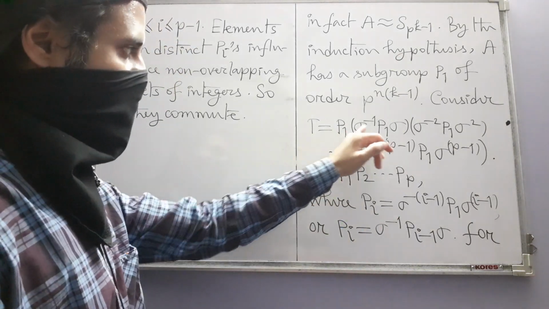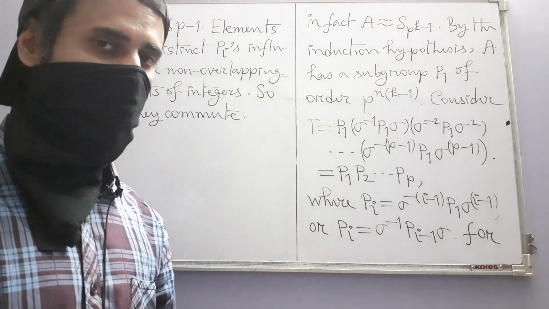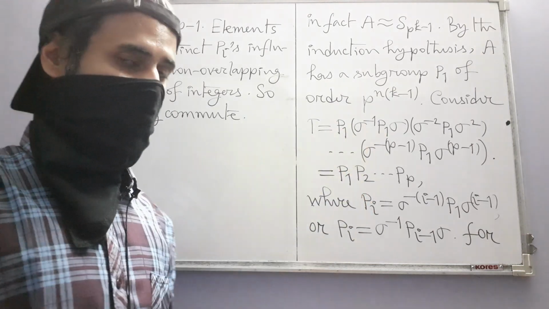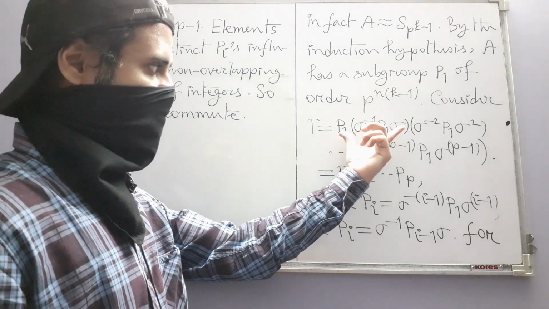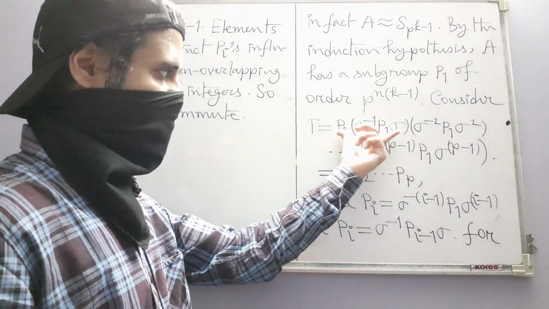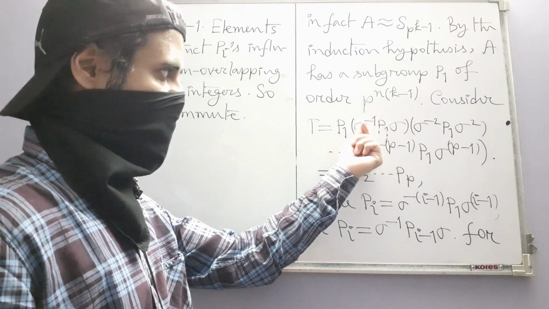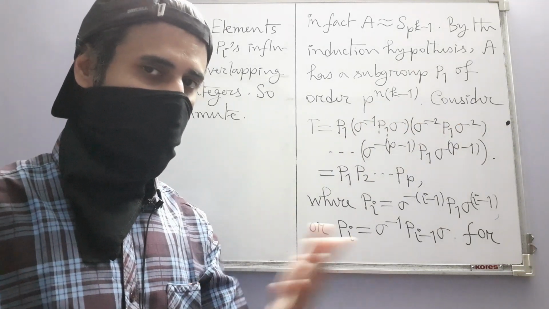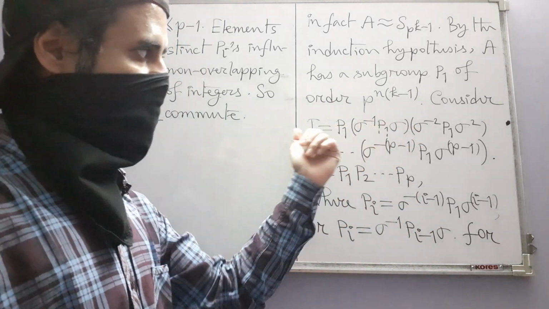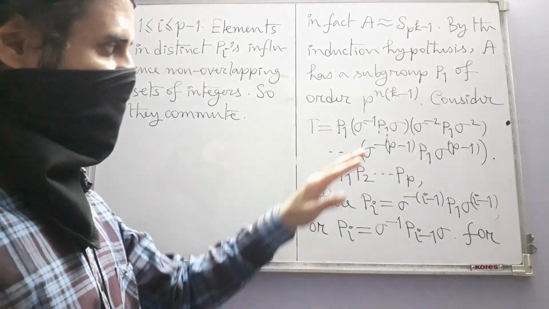That is, P1 times this is this times P1, so that their product is a subgroup itself. Similarly, this is a subgroup and the elements of this product commute with the elements of that next subgroup, because they also influence non-overlapping sets of integers.